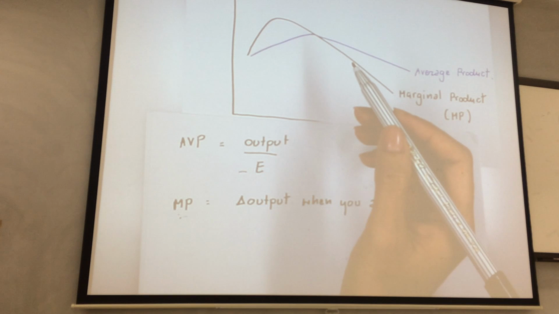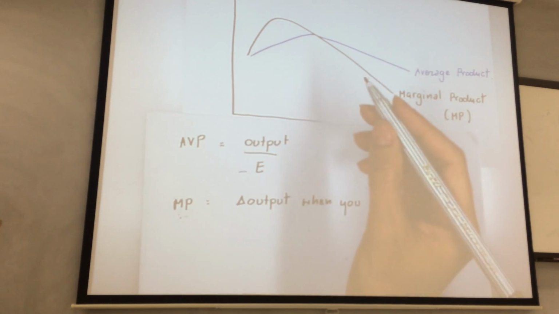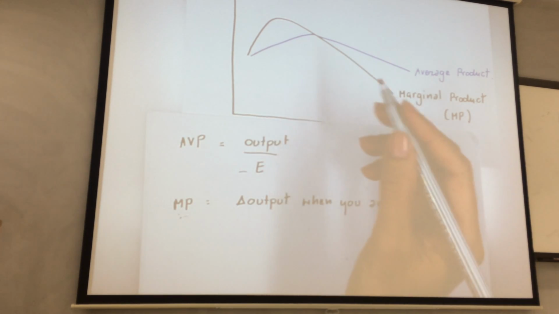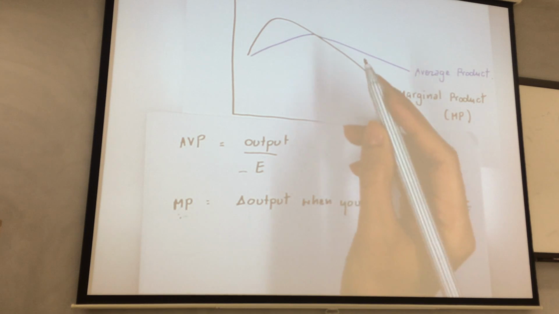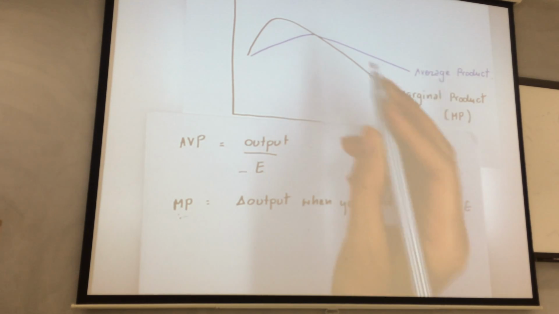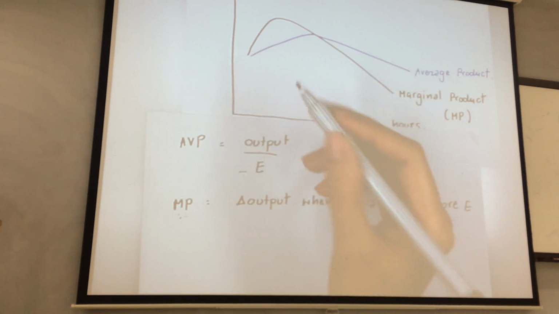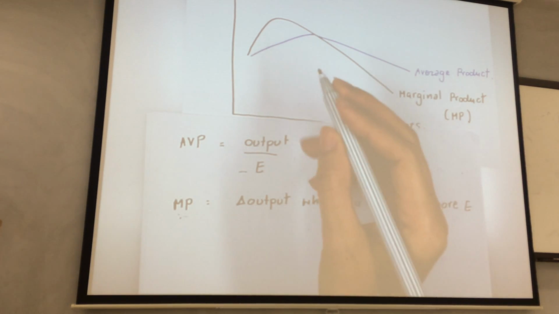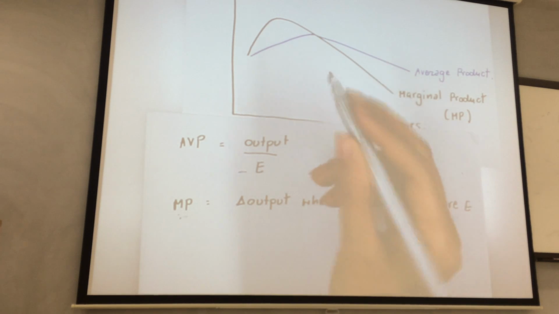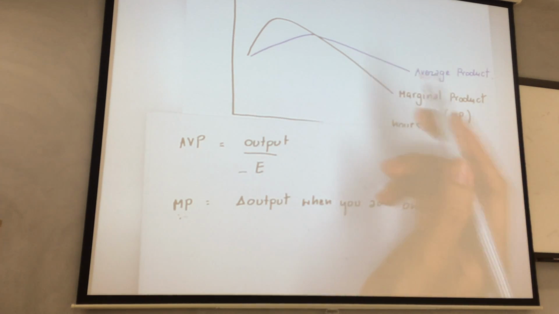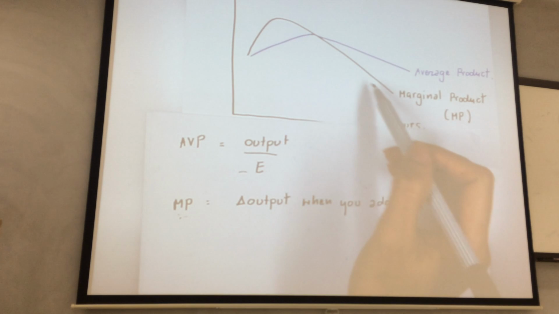That's less than 6.5, right? So the additional one that you hire actually produces less than the average before. So your average will now start to decrease, because the new one is kind of dragging down the rest of the group. You can think of the new one dragging down the rest of the group. So now the average will be coming down.